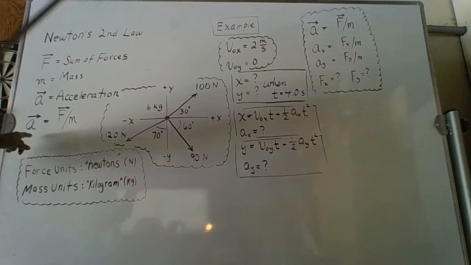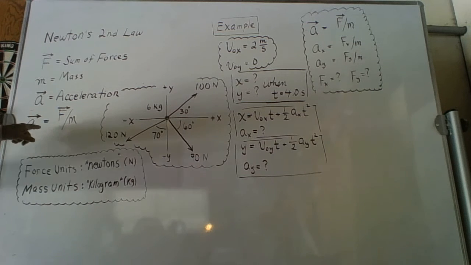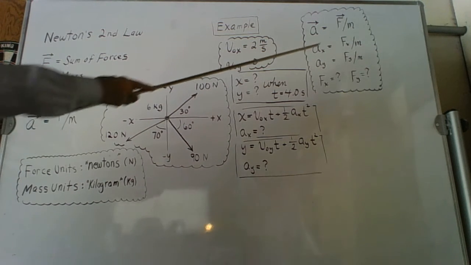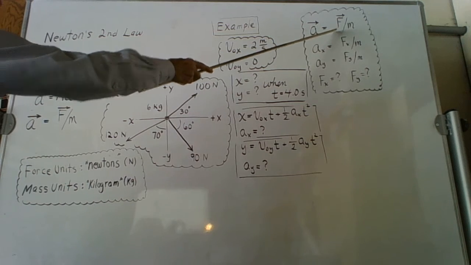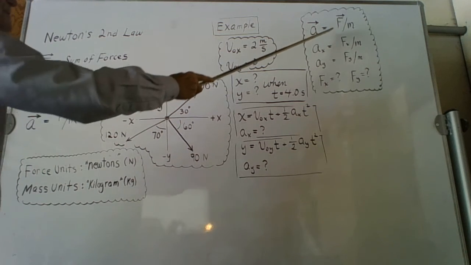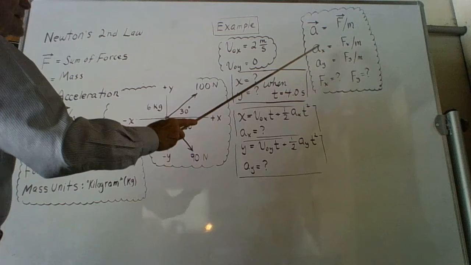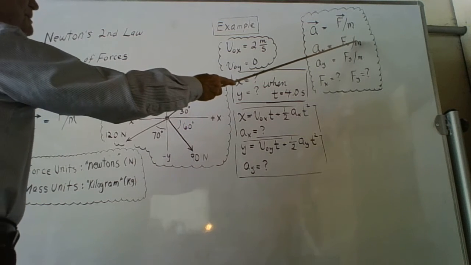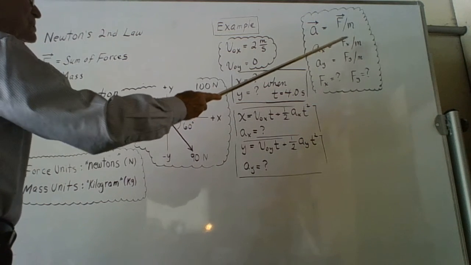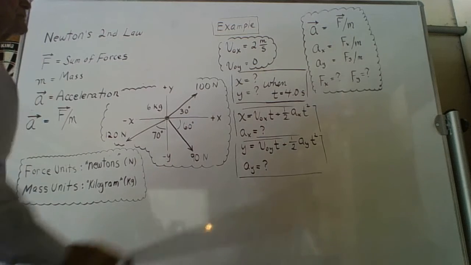Well, Newton's second law, which I ignored earlier, is shown here. The acceleration of an object is equal to the total force acting on it divided by the mass of the object. I repeat that equation here. Now, if the vector A equals the vector F over m, then the components follow a similar pattern. A sub x is F sub x over m.